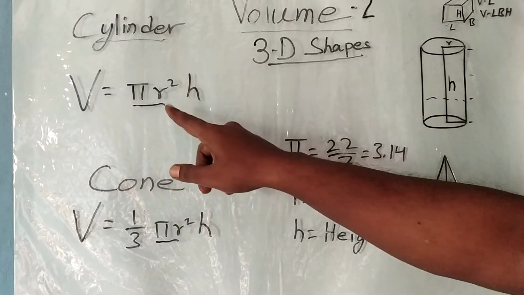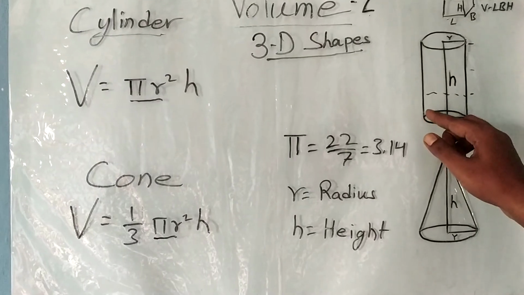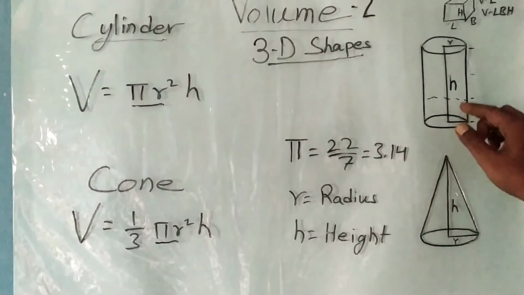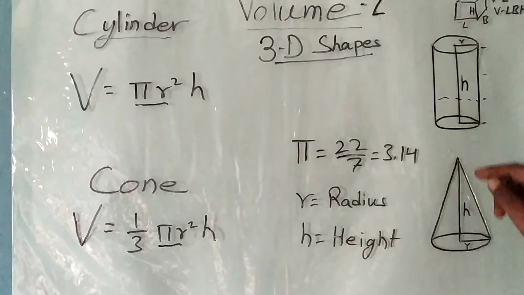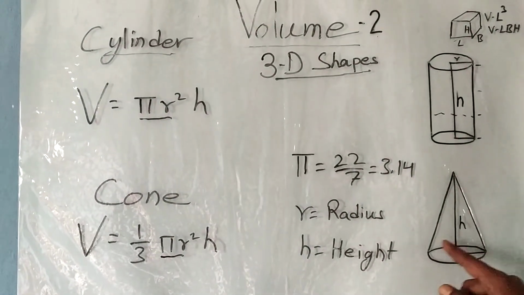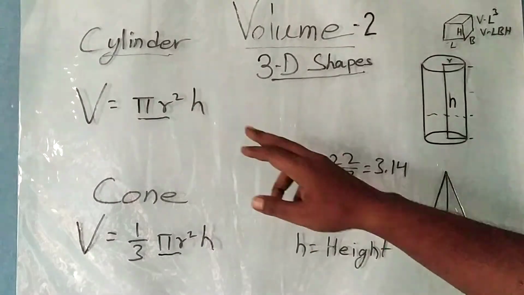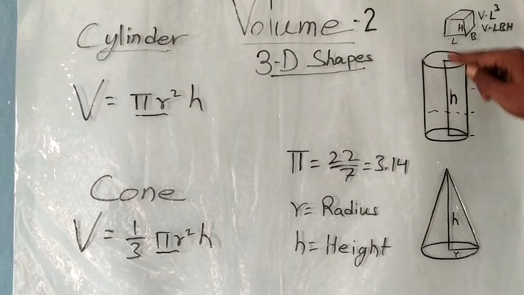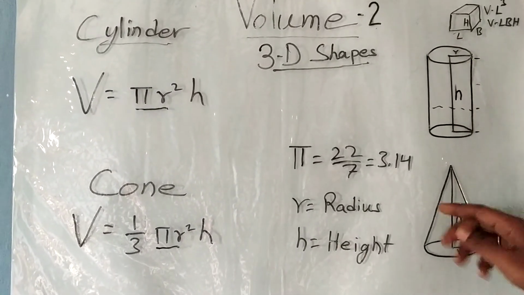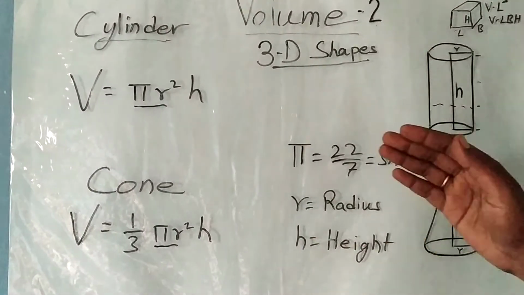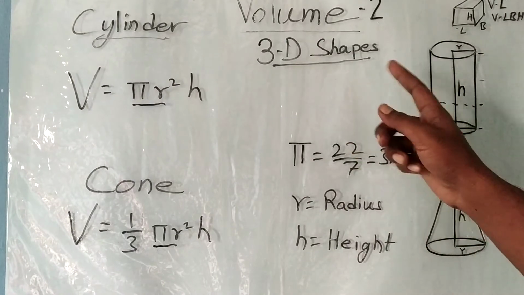In the case of cylinder, the radius is the radius of the circular bottom or top, and in the case of cone, it will be the bottom only, the radius of this circular shape of the bottom. And this will be the height in case of cylinder, and this will be the height in case of cone. So it is clear that the volume of cone is 1/3 the volume of cylinder.